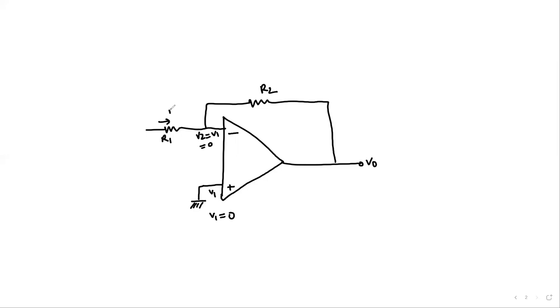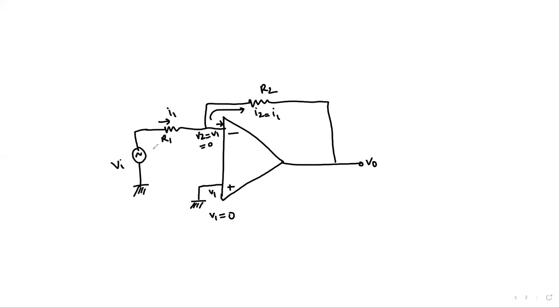That's the current I1, because we have this input voltage Vi connected here, and that current flows because the current through the operational amplifier is 0. The current cannot pass into the input terminal of the op-amp. So this current I2 is equal to I1.